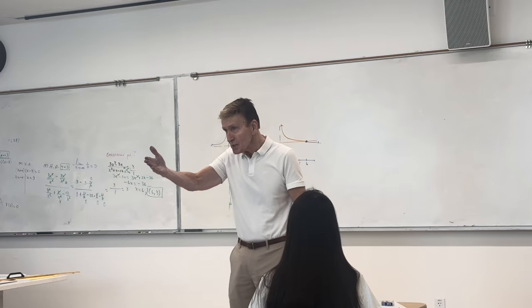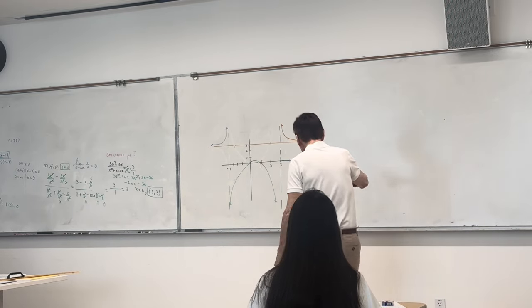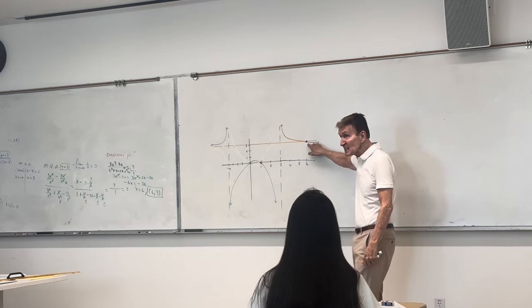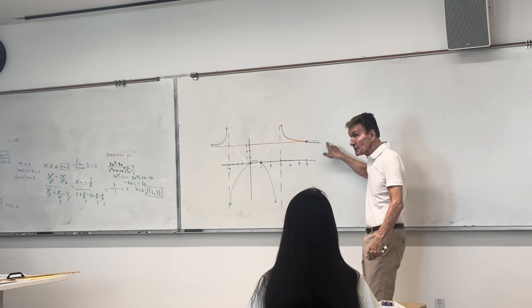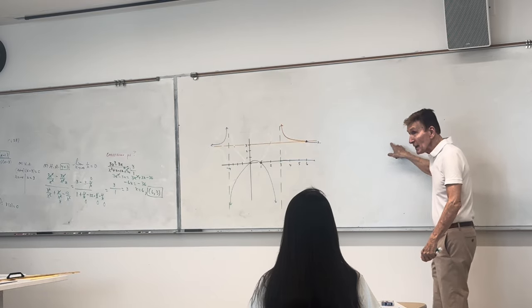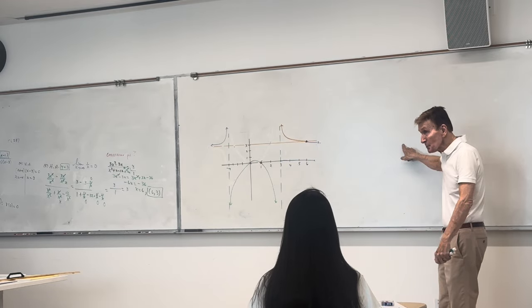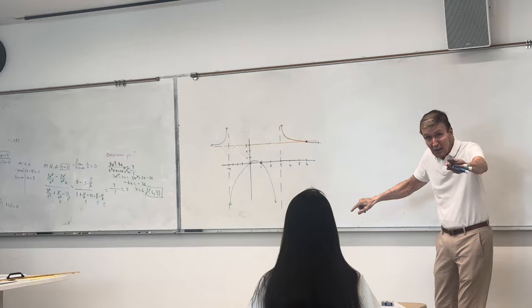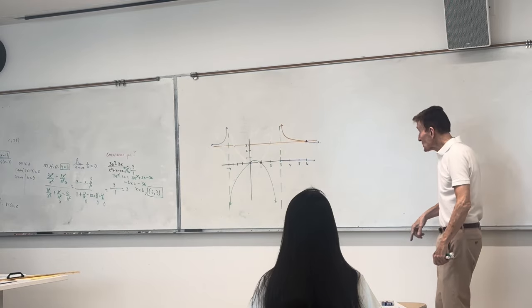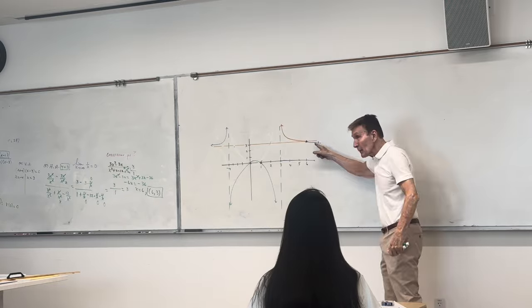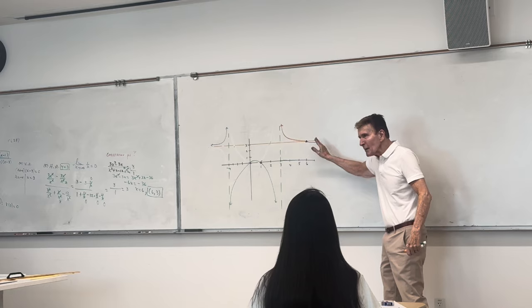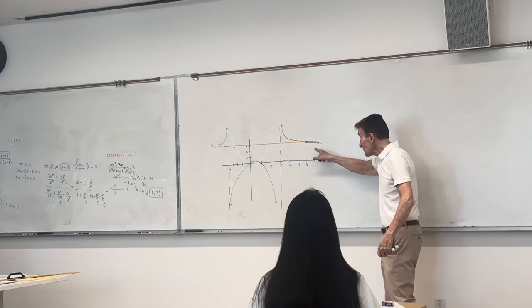Here's your question. I said, let's go to 25, where is my graph at 25? So he plugged 25 into my function, and he says, Professor, it's 2.8, which means it's below. And by the way, was that orange horizontal asymptote up at 3? And we said it's down below.